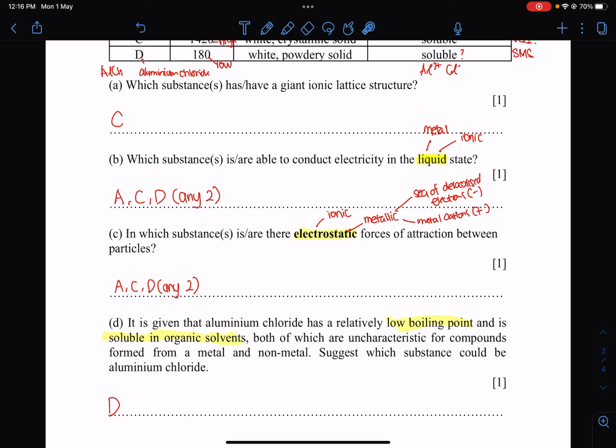What does that mean? It means that even though it is formed from a metal and non-metal, it should have a giant ionic lattice structure, which will have high boiling point and be insoluble in organic solvents. This aluminium chloride is completely opposite to that.